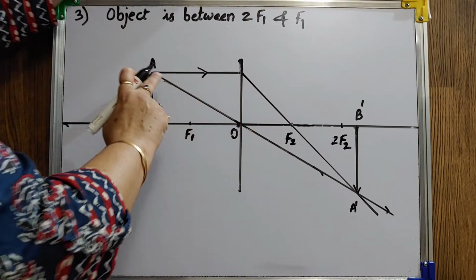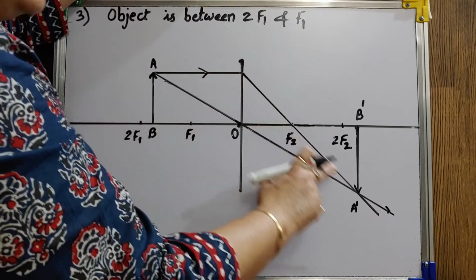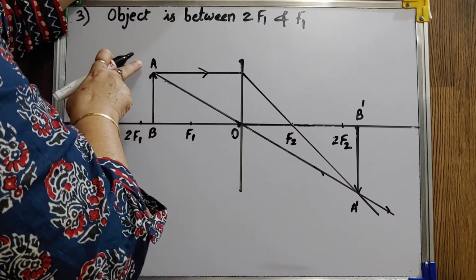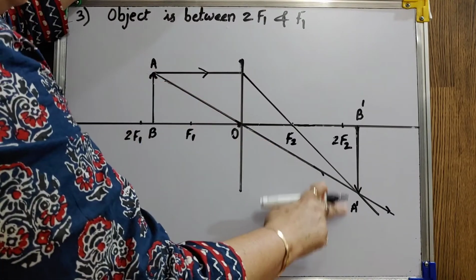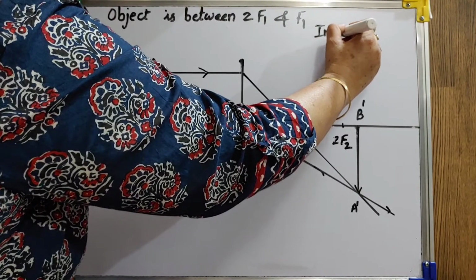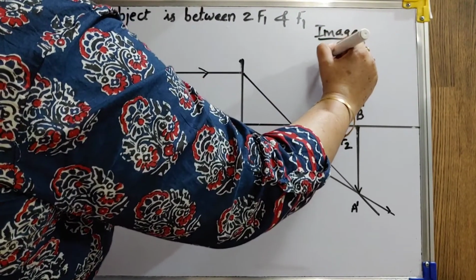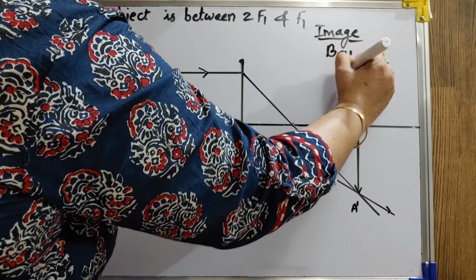Same way I have drawn the ray diagram. Parallel to principal axis after refraction passing through F2. And the second one joining A and O. Now I am getting image. Now this image is beyond 2F2.